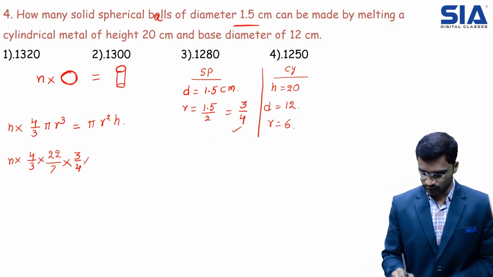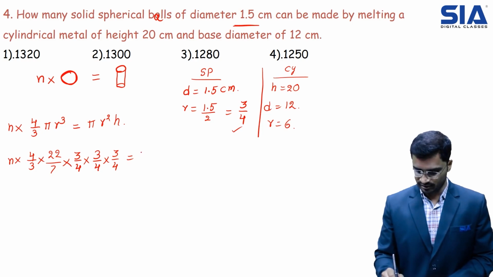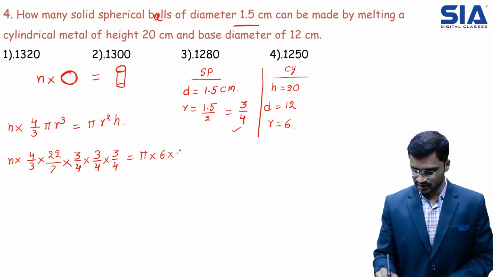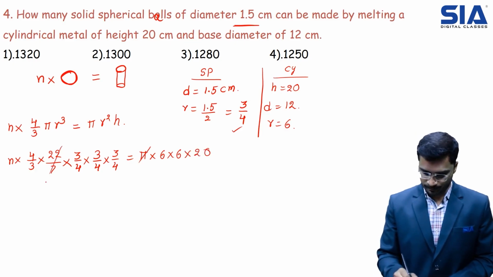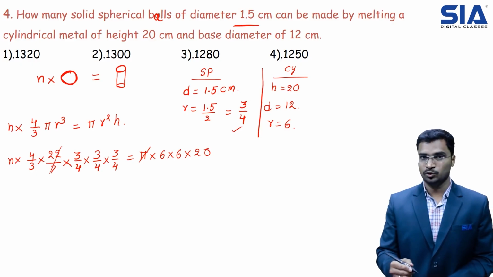So 3 by 4 into 3 by 4 into 3 by 4 as r cube, then pi into the radius of the cylinder. Radius of the cylinder is 6 into 6 into height is 20. So pi and pi get cancelled. Then 4 by 3 and 3 by 4, both of these are reciprocals, they both get cancelled.